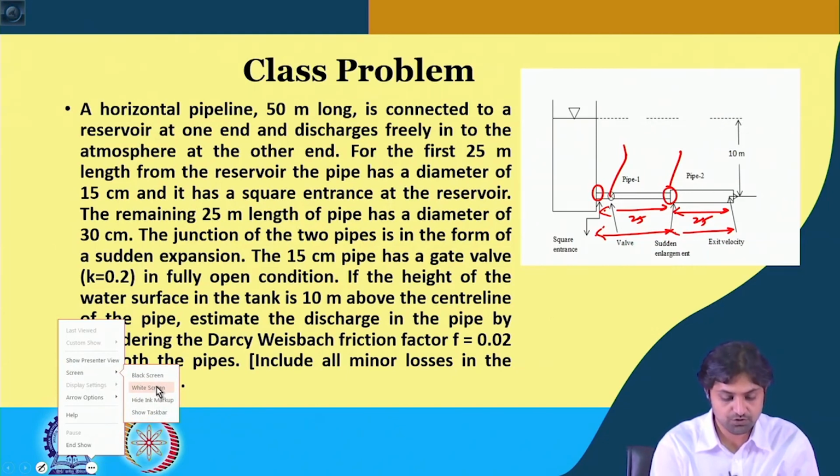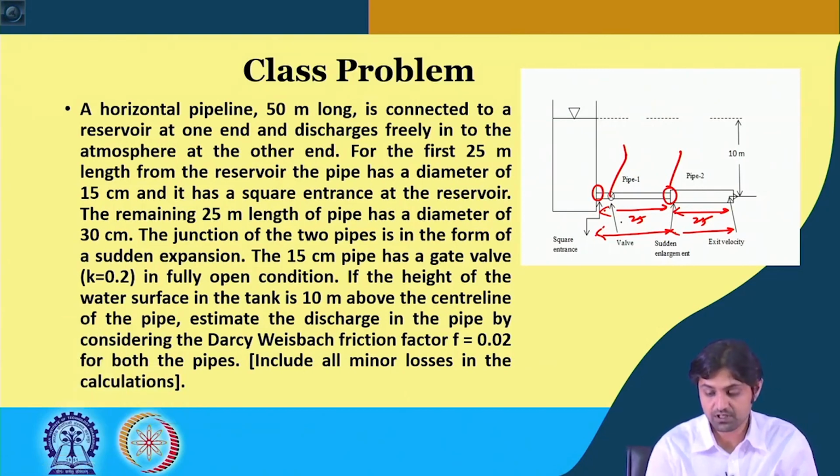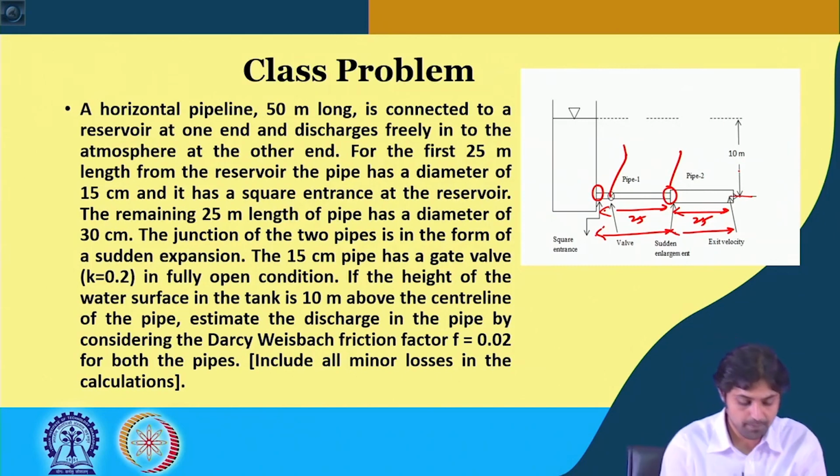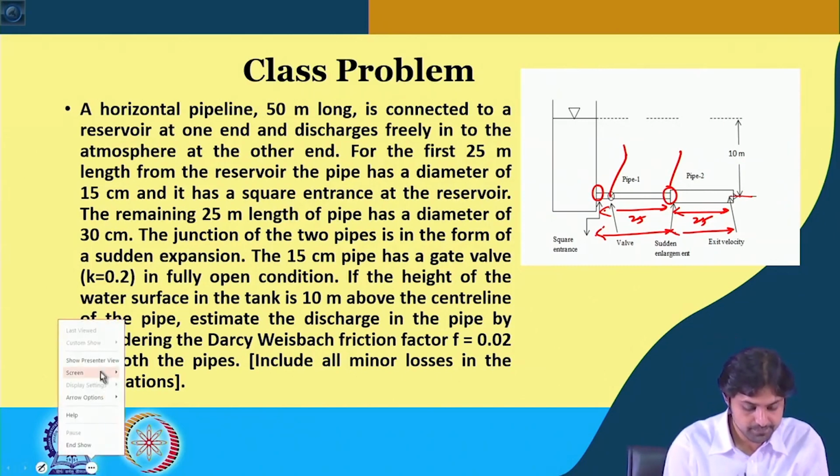You should try to remember this figure: a pipe is connected to the reservoir. This is the square entrance, this is the valve, this is the sudden enlargement, and there is an exit, so there is also going to be an exit loss, and the total water height in the reservoir is 10 meters. All right.